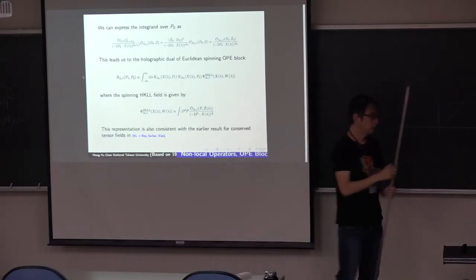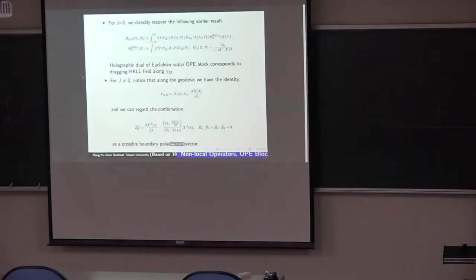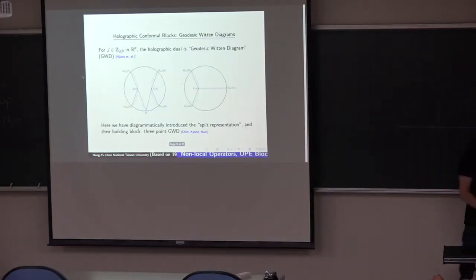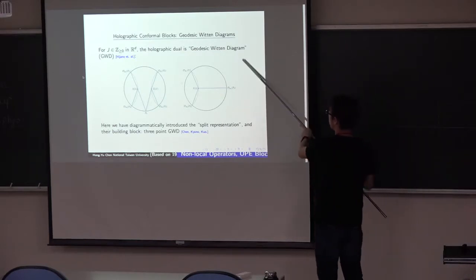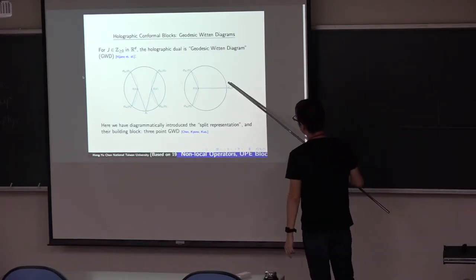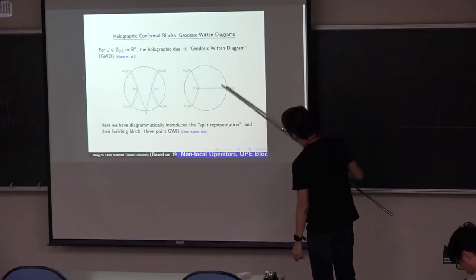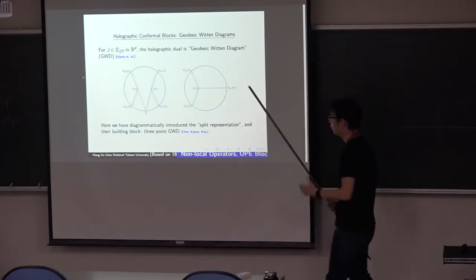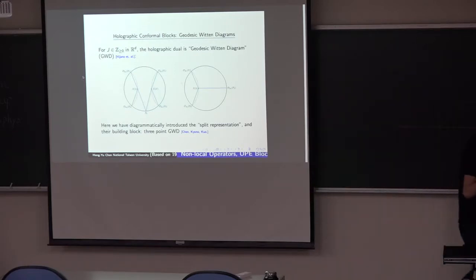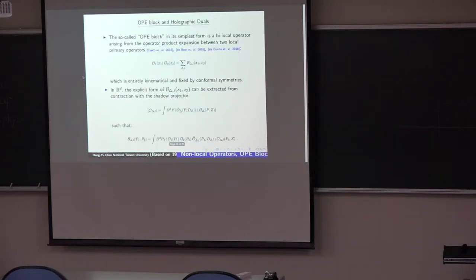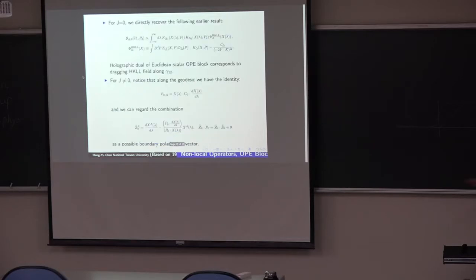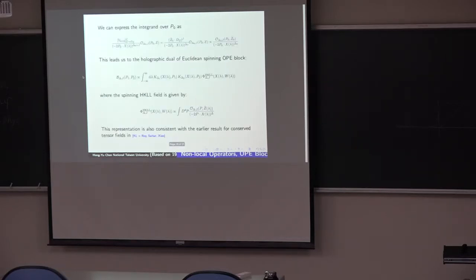In other words, we are looking at this type of diagram. Now we introduce this kind of HKLL field, which precisely corresponds to this thing. So the holographic dual of the OPE block is basically what we have in terms of the 3-point geodesic diagram.